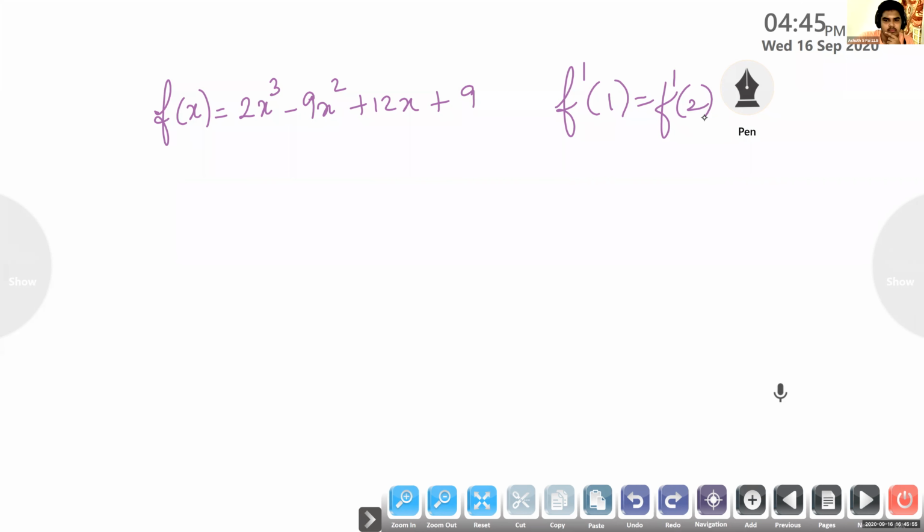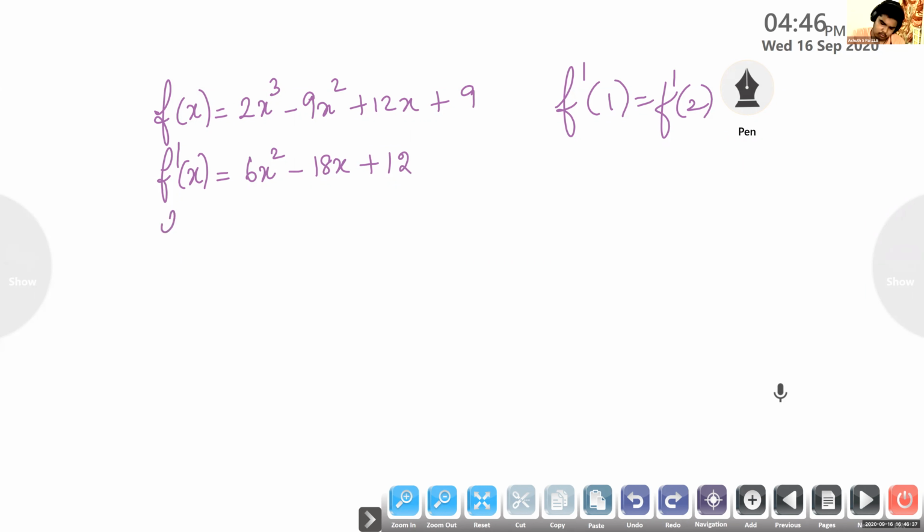Okay, so f of x is given. You have to prove f dash of 1 is equal to f dash of 2. So you first find what is f dash of x. From f of x you find f dash of x. It will be 6x square minus 18x plus 12.